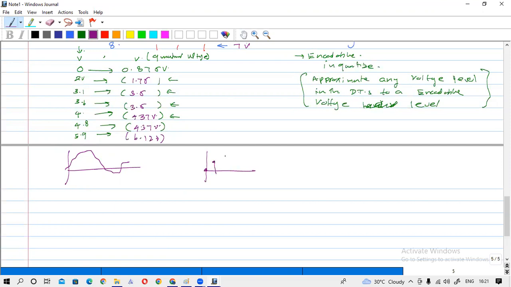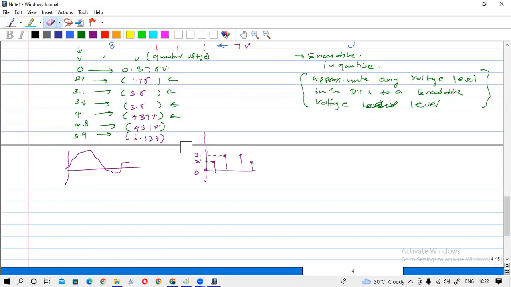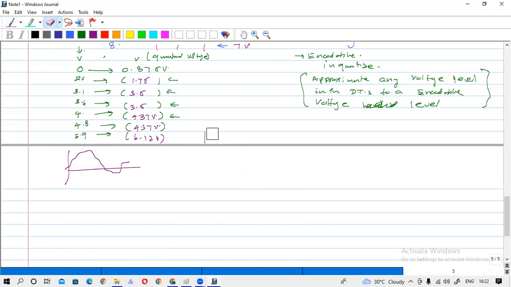So here you have 3, and you get 2 volt, and you get 3.1, and here you get 0, and you get your discrete signal like that, no?